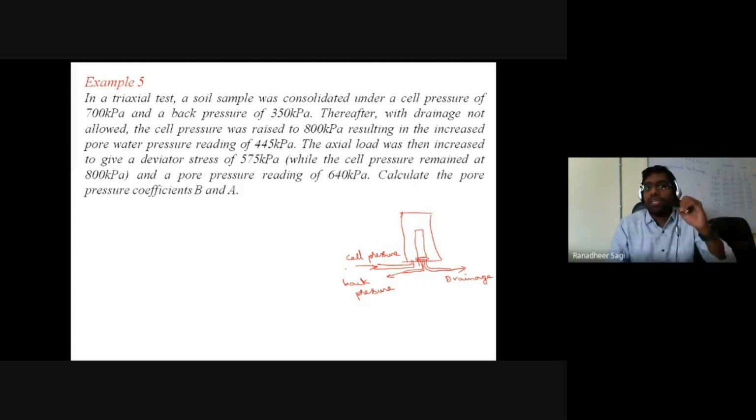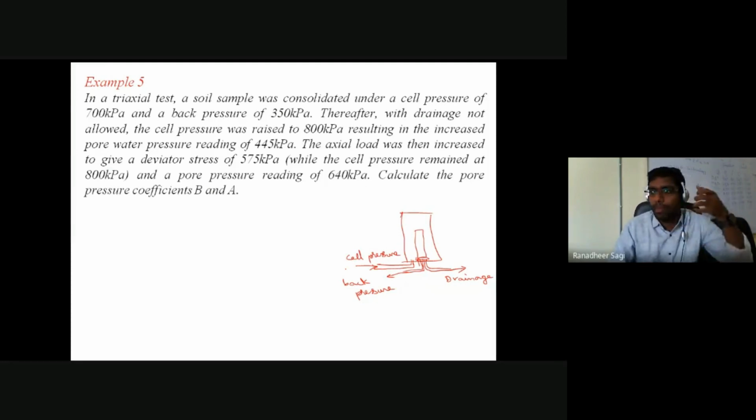Now, whenever you supply or allow the water to pass into the interconnected void path with some pressure, you are injecting the water into the soil sample. That pressure, the so-called back pressure with which you allow the water to pass into the soil sample, is itself what we can call your pore water pressure. Okay, so how much pore water pressure exists in your soil sample?